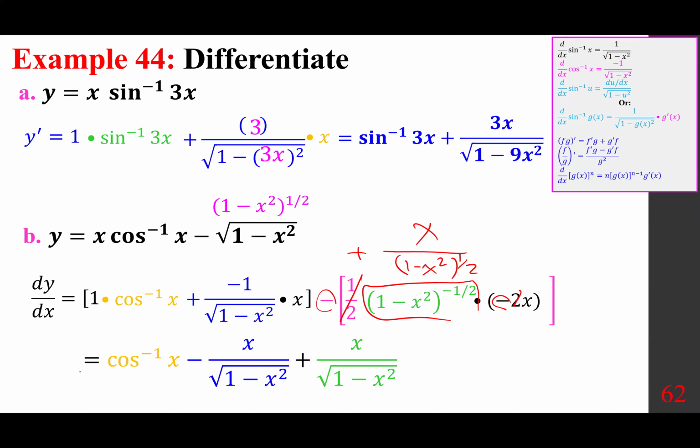So this is cosine inverse. This is the same, but with this x becomes minus x over the square root of 1 minus x squared, and this is the same thing but positive. Therefore, these two cancel each other, and the final answer is simply dy dx is cosine inverse x. That's the final answer.